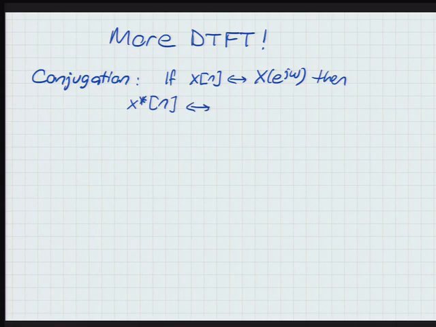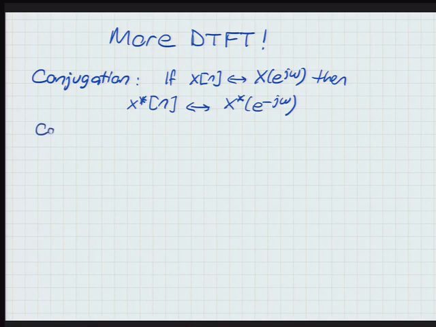First, you star this, right? But that's not enough. You also flip the sign of omega. So it becomes X*(e^{-jω}). Easy to show. I'm not going to do it, because we've done something very similar in continuous time. It's almost identical. So that's the conjugation property.